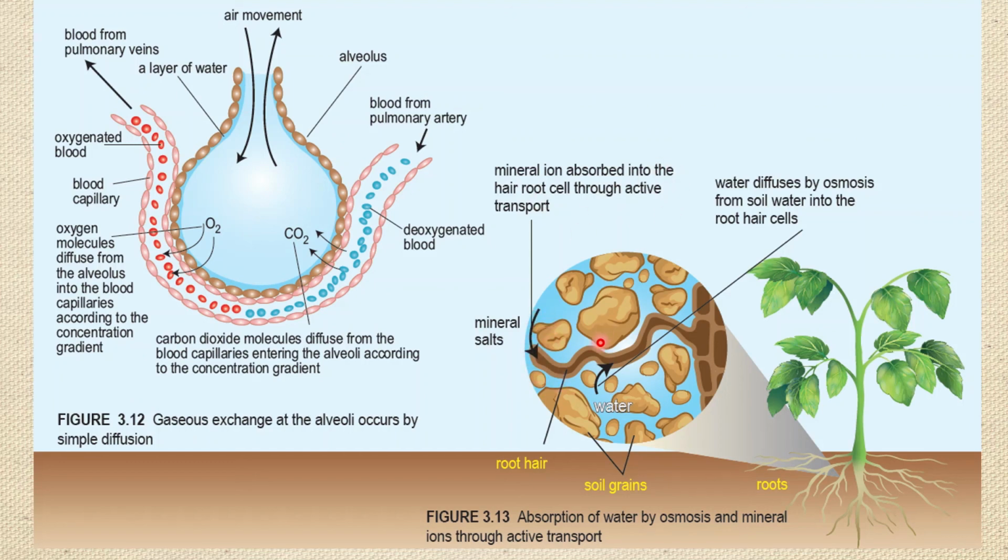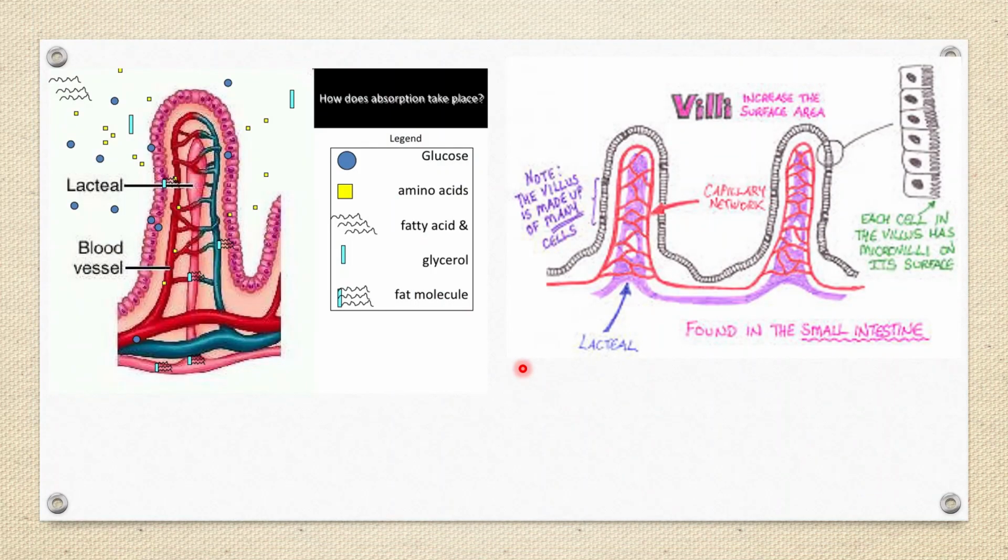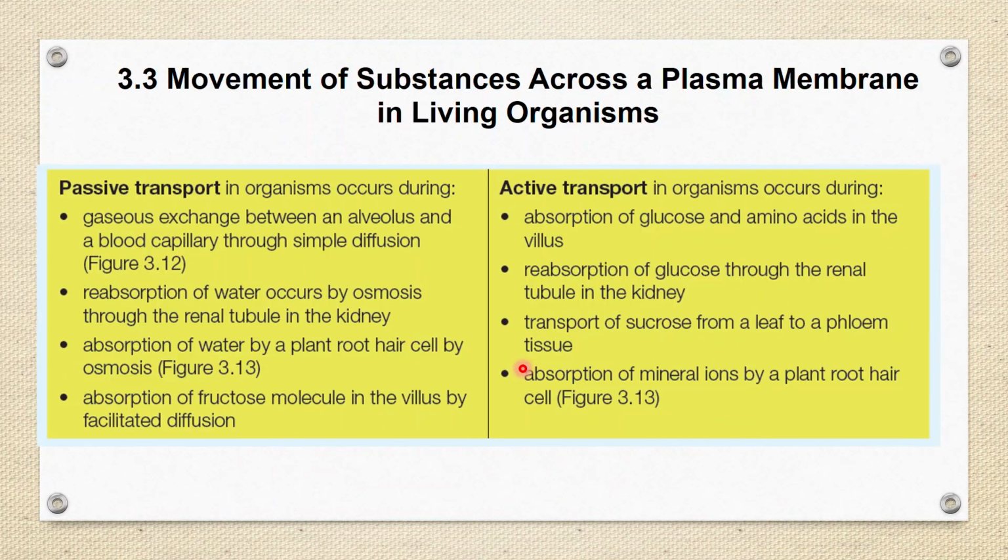The reason is that inside the root hair cells there is a higher concentration of ions as compared to the surrounding, so it has to use energy to be transported in, and that means by active transport. So again, this table is giving us examples of the movement of substances across a plasma membrane in living organisms.